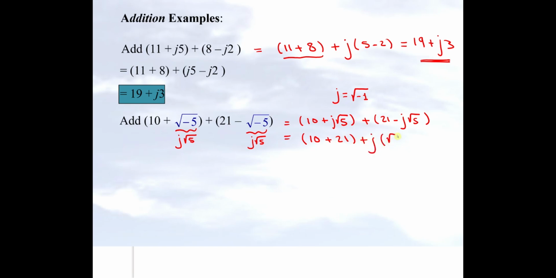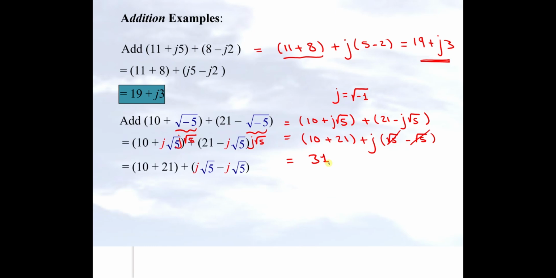Imaginary part of the first is square root of 5. Imaginary part of the second number is minus square root of 5. So this cancels with that. So the result is 31. So yeah, it may happen that when you add two complex numbers, you end up having a real number. So this is what we have here.